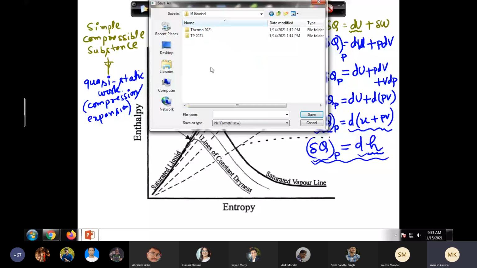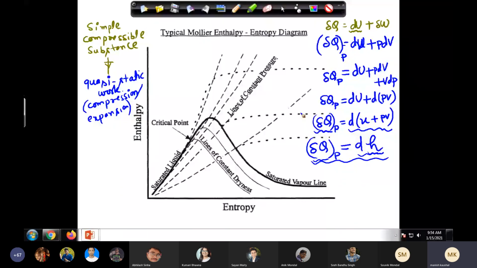Page 1, let's say. If there is something important, then we'll save it onto page 1. Save. Fine. Okay, another. So that's what we learned, that we can measure H. New page.